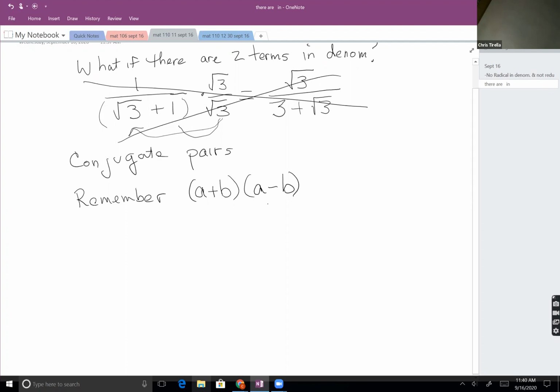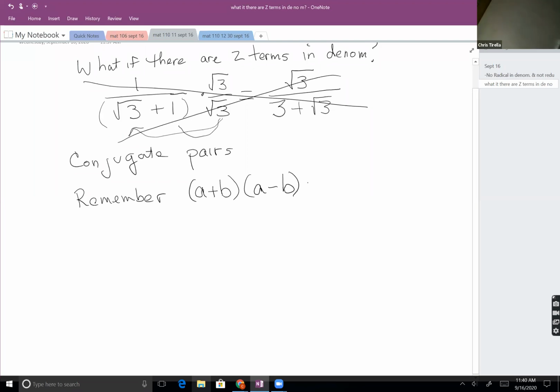Do you guys need to FOIL it out or box that out, or can anybody remember the shortcut rule? Wouldn't it just be AB and then negative AB?